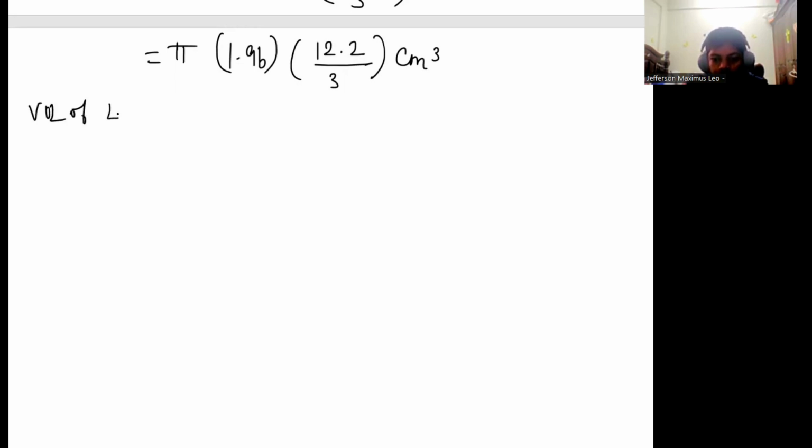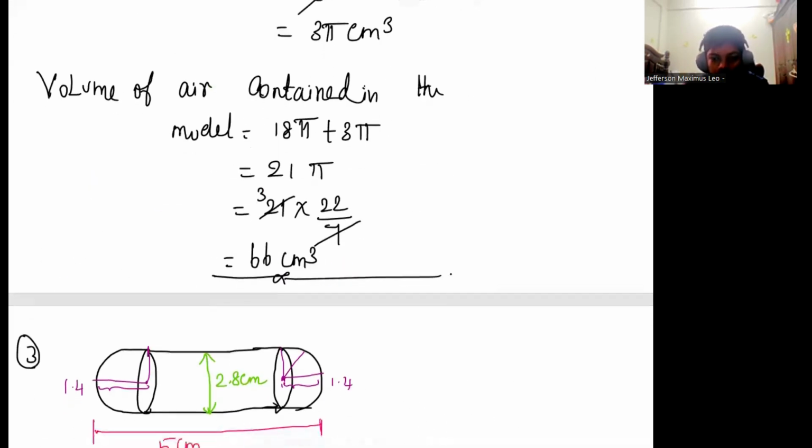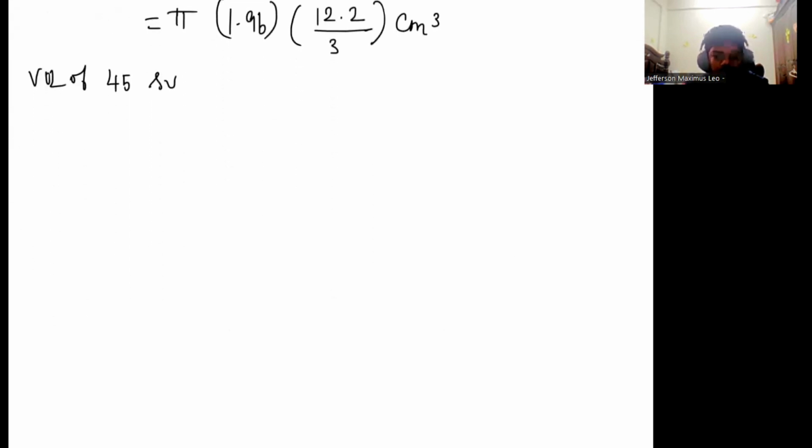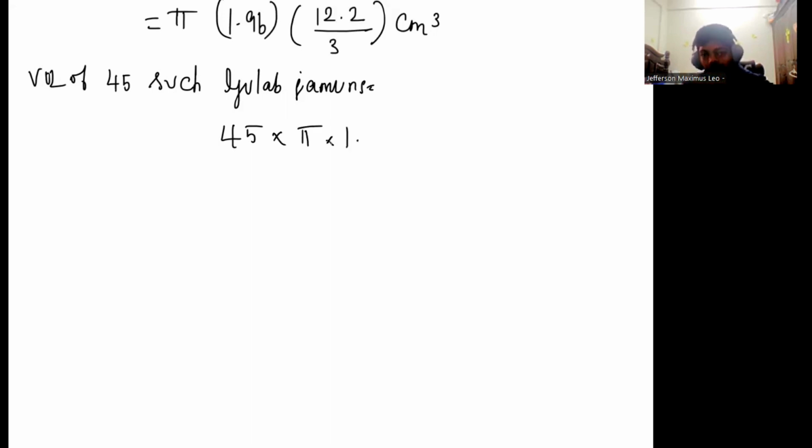So now the volume of 45 such gulab jamuns is equal to 45 times pi times 1.96 times 12.2 by 3.